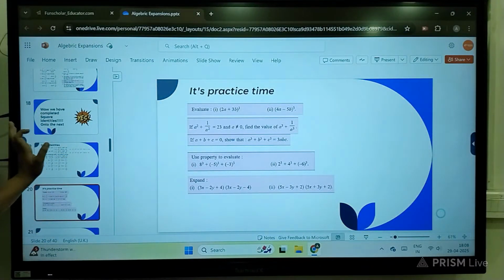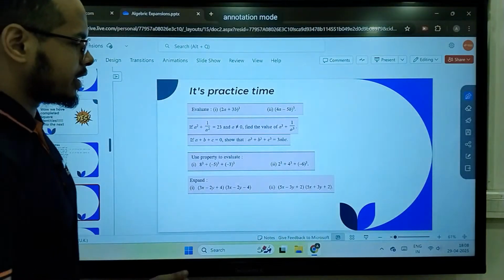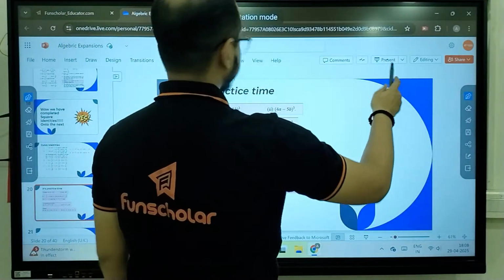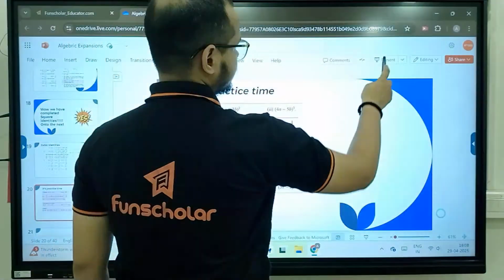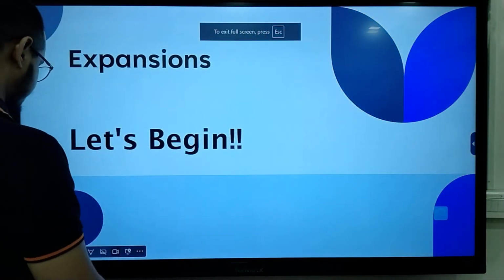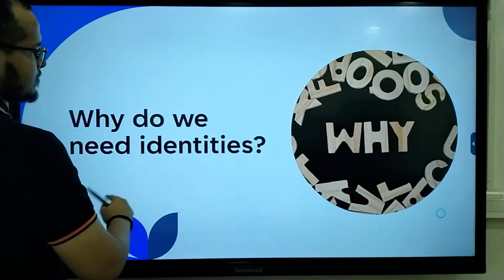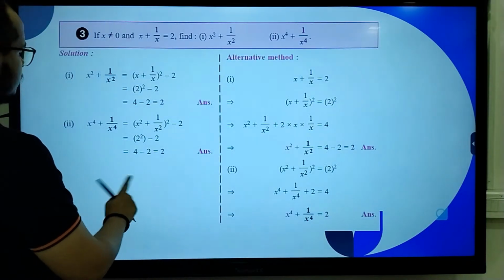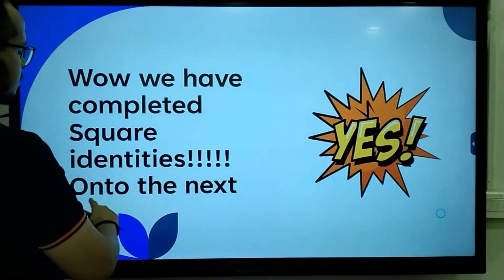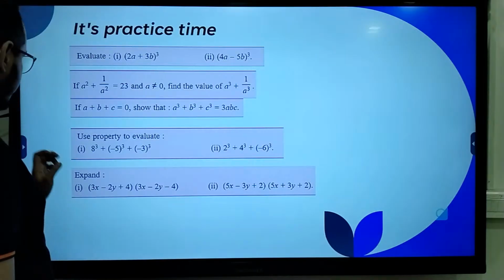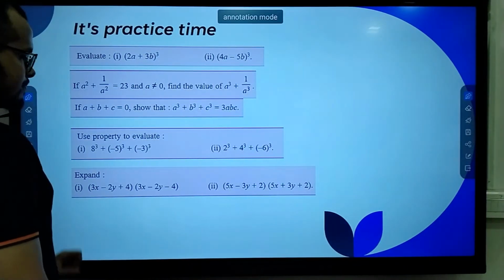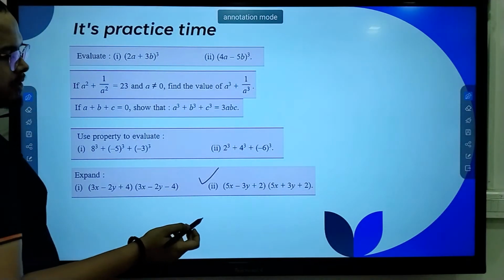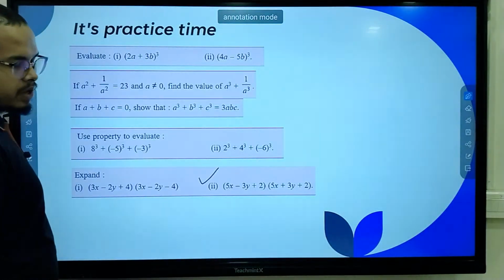Now for the next one. So now in the second sum, we have 5x minus 3y plus 2 and 5x plus 3y plus 2.